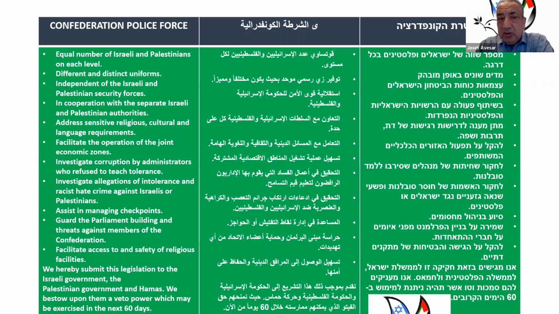I'm sorry, do you have a comment or do you have a question? Well, it's a question why it's not included. Why is it not included? What's not included? Gender-based violence, okay? Address sensitive, religious, cultural, and language requirements.